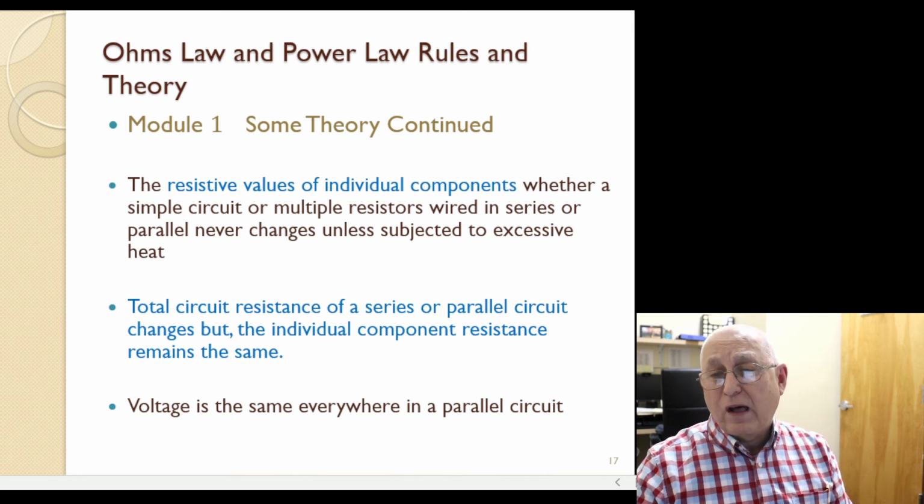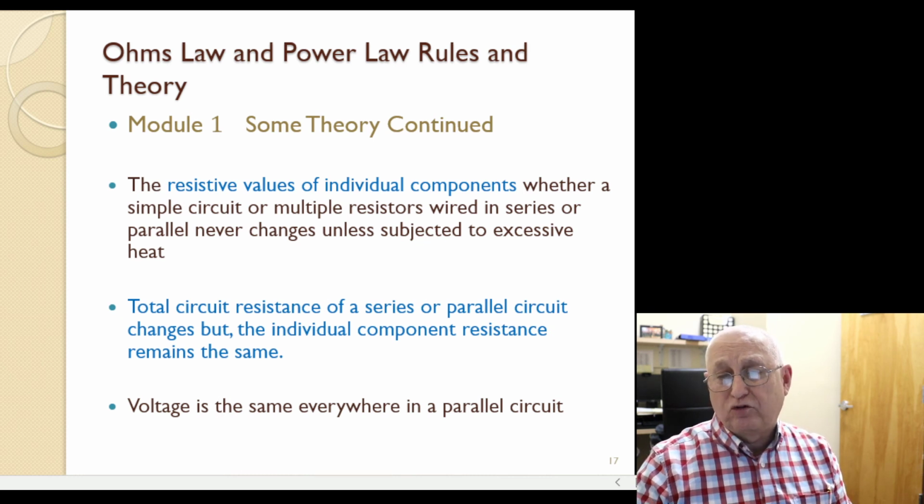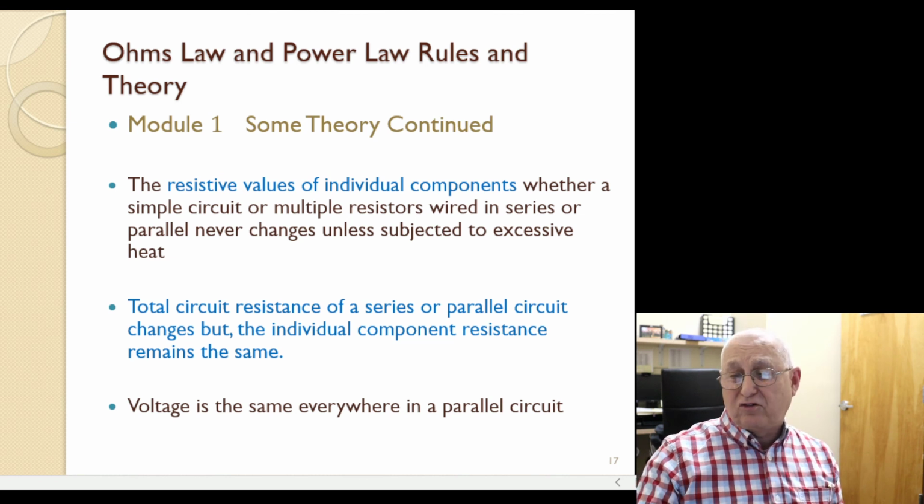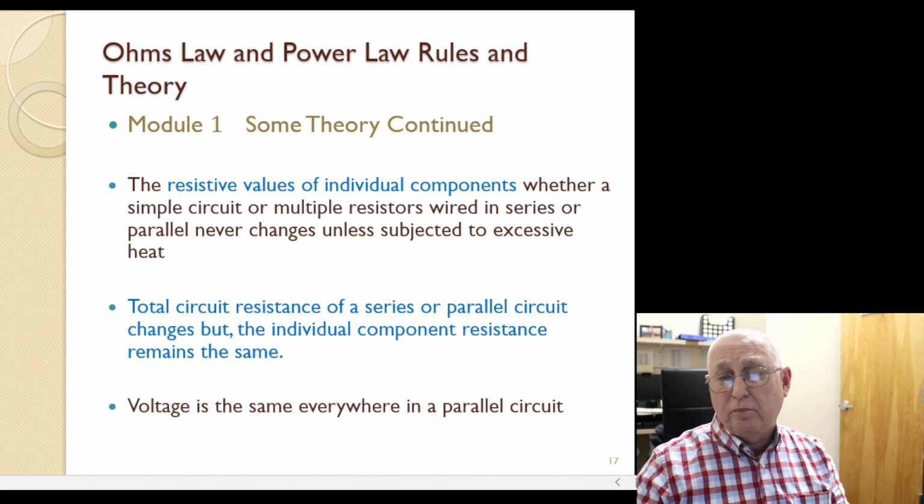The resistive values of individual components, whether a simple circuit or multiple resistors wired in series or parallel, never changes unless subjected to excessive heat. In other words, we were looking at resistors R1, R2, R3, and it was 40 ohms, 60 ohms, and 120 ohms in the parallel circuit we saw before.